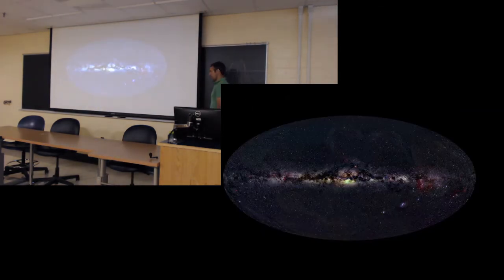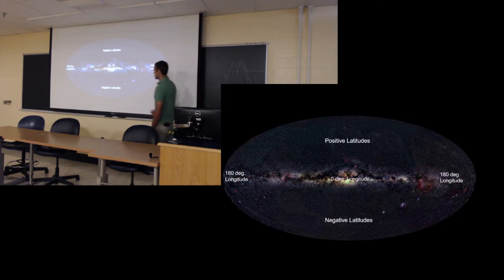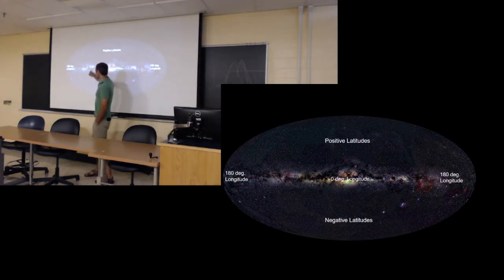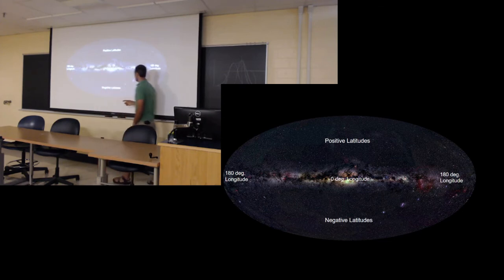If we look at our all-sky map, this is an optical image of the entire sky. Galactic center is in the middle there. This is 0 degrees longitude, 90, 180, and then wrapping around 180, 270, positive latitudes, negative latitudes, and once again, the area of the sky that we cannot see kind of goes like that.